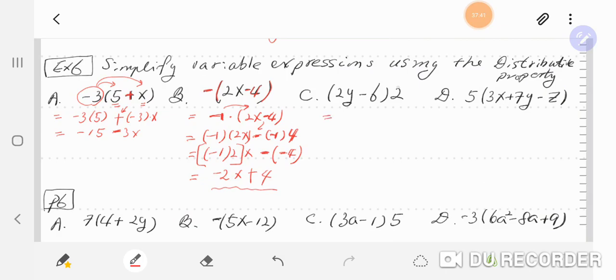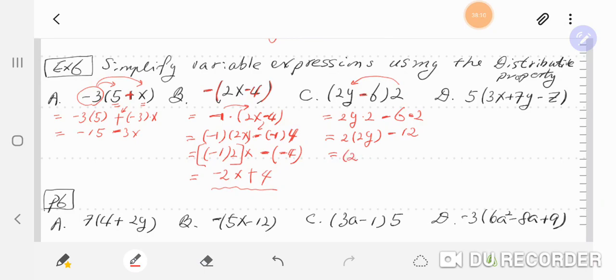Okay, how about this one? Same thing, multiply 2x by 2. Okay, let me write it. 2y by what? 2. And the minus stays here, 6 times 2. Then using the commutative property, this will be 2 times 2y, and multiply, so that is 12. I don't like to write all the steps.